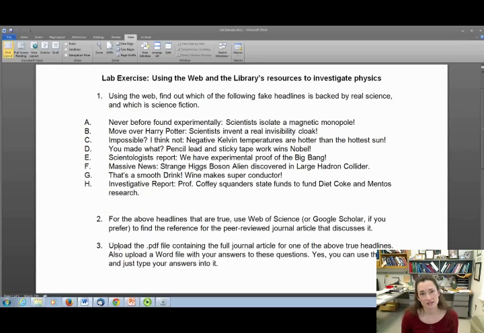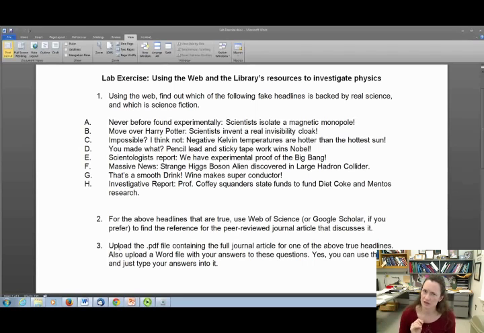Now, it's easiest, honestly, if you work at an ASU computer. Or if you're using your own laptop on ASU's campus through the wireless internet here, then the library will automatically recognize that you're an ASU student. If you do it from home on your home computer, you'll probably have to enter your banner ID at some point, because when you go to Web of Science, it'll go, hey, wait a second, are you an ASU student?